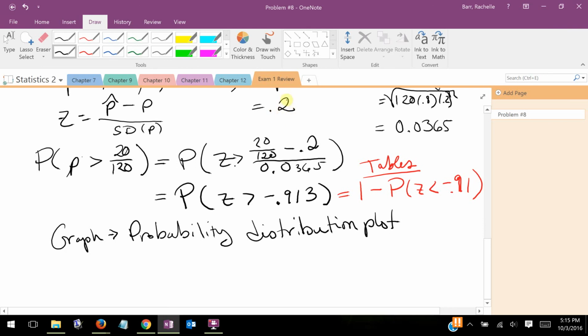I used my mean of 0.2, my standard deviation of 0.0365, and I plugged in not the z-score but the 20 over 120, which is approximately 0.167. I got that the probability is 0.819, a little bit more than that, but that's what I'm going to round it to so that it matches the z-table. So that ends number 8.